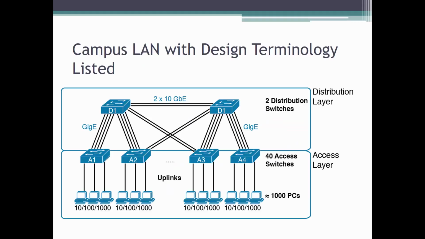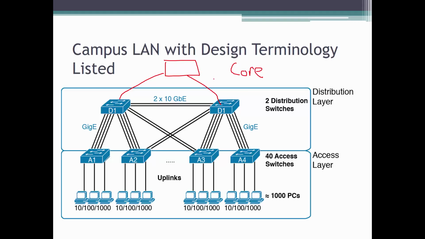Next, we have a campus LAN with specific design terminology. So I have some problems with this because I do have a CCDP, and this two-structure model doesn't work for me. Realistically, we would be adding a 3rd layer up here for our core. So normally for a switched environment, we have 3 layers: access layer, distribution layer, and we have a core layer.